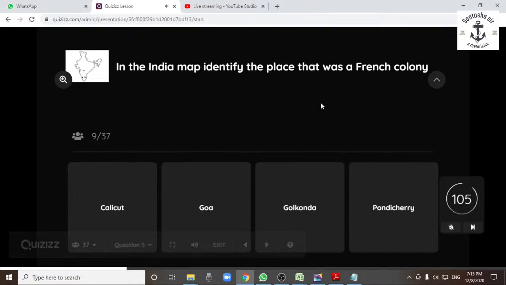So you need to identify the place marked in the India map, and there is a clue that it is a French colony. Four members already answered out of 37.